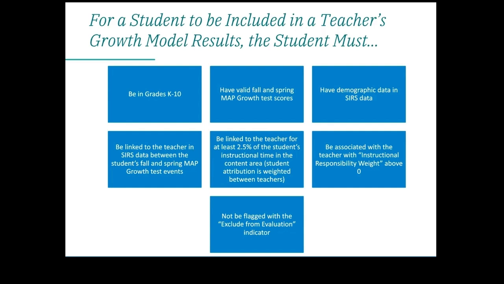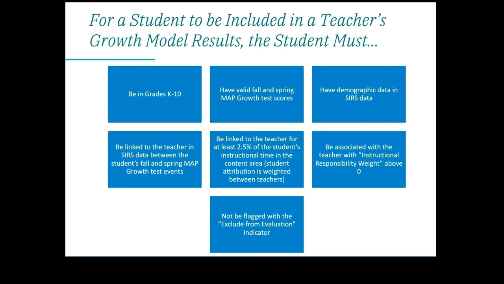We also must have the student linked to the teacher in the SIRS data between the fall and spring MAP growth test events. That lets us know that that teacher taught that student during the period that we're evaluating based on the growth between those test scores. There's a minimum amount of instructional time. A teacher must be responsible for at least 2.5% of a student's instructional time in the content area.